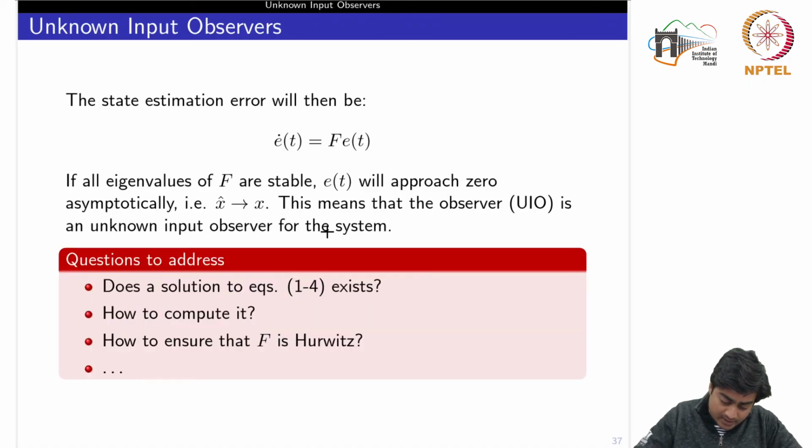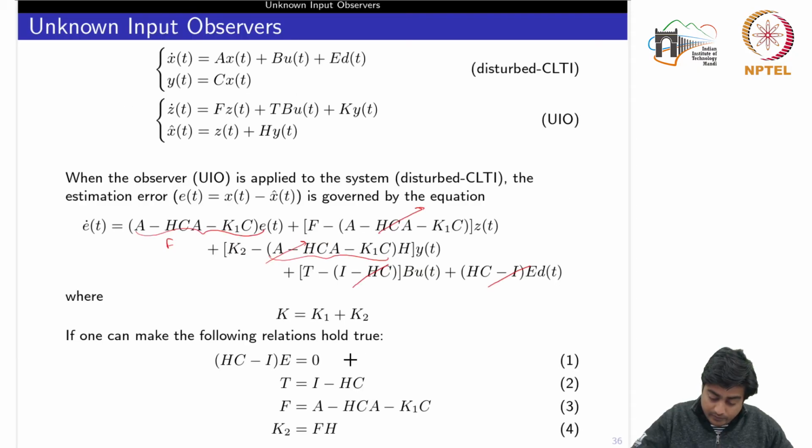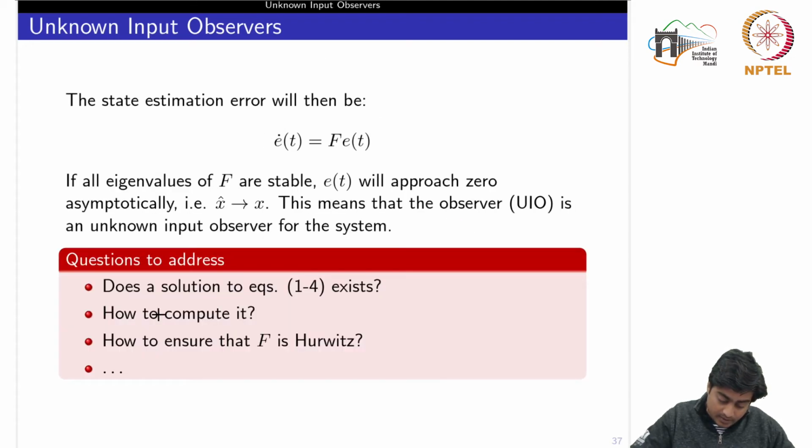But the question which further arises is, does a solution to equations 1 to 4 exist? Meaning whether we are able to solve these equations. As we had seen, these are the parameter matrices of the observer which we need to synthesize: F, T, K and H. If there is a solution, then how can we compute the solution of these equations, and at the same time how do we ensure that F is a Hurwitz matrix, because F is not the matrix which we are assigning or defining.